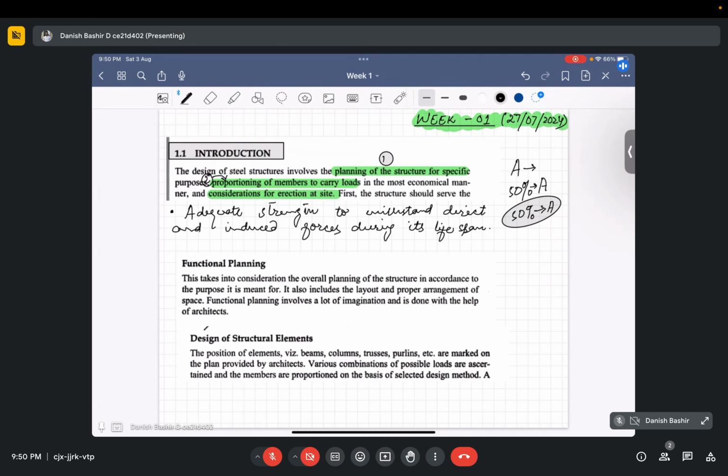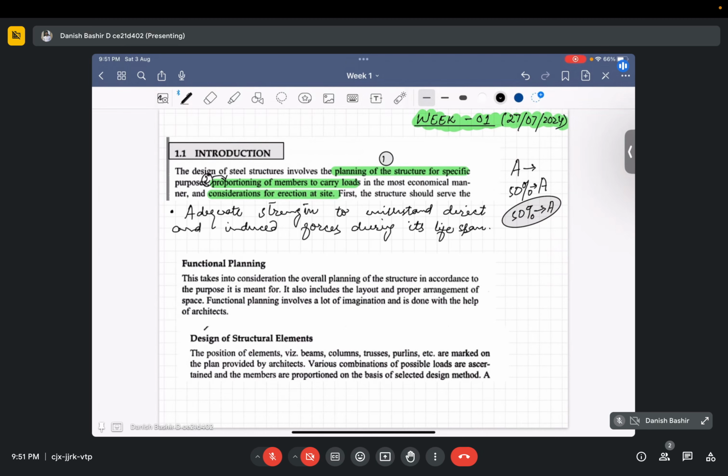If there is inadequate strength or an inadequate assessment of the strength, that will be very disastrous to our structure. Like if the snow load or the seismic load or the wind load acts on our structure beyond its strength, then it will be very hazardous for that structure. So in the design process, we have to consider those things as well.